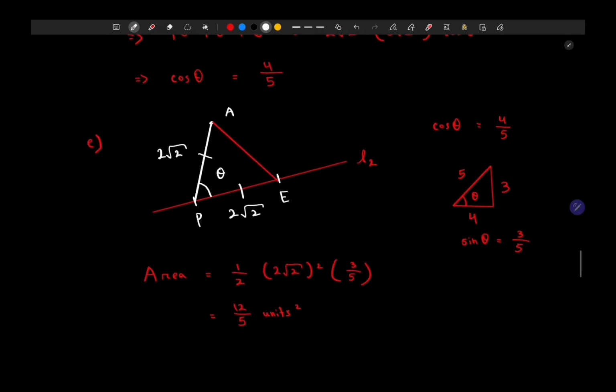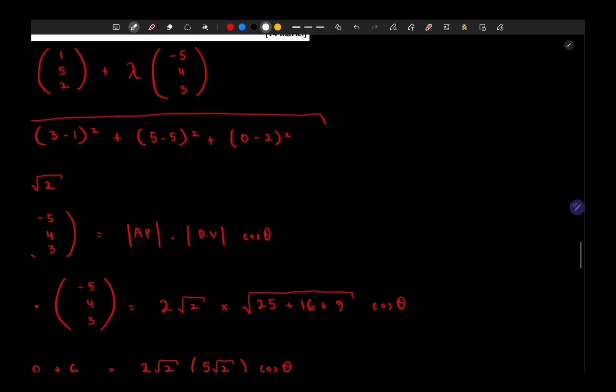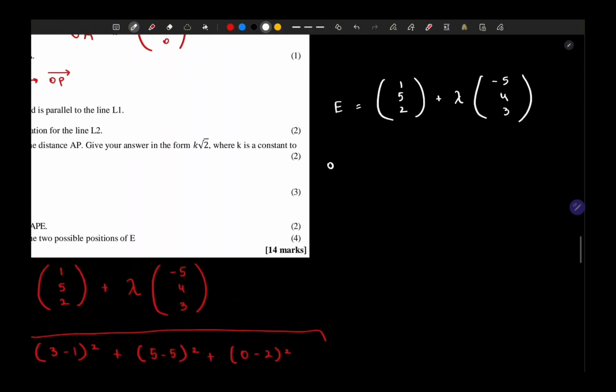Now I need to find out the PE vector. I can say that the PE vector is equal to the OE vector minus the OP vector. We know that the OE vector is (minus 5 lambda plus 1, 4 lambda plus 5, 3 lambda plus 2).